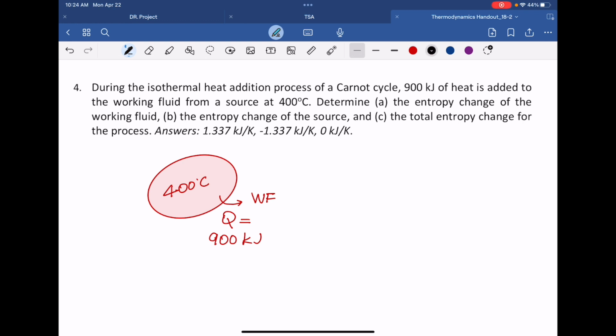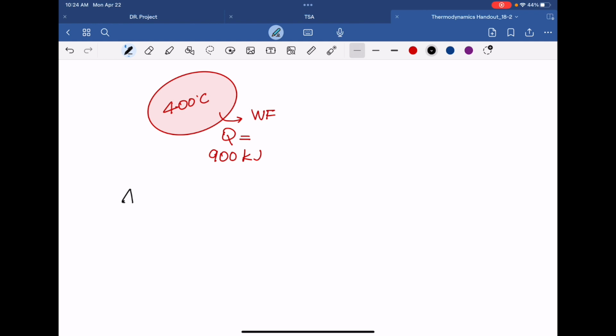So for the working fluid's entropy change, your working fluid can be a refrigerant or water, and its temperature is kept the same because of the isothermal process, the problem statement tells us. But the working fluid is getting the heat, so the entropy change should be positive.